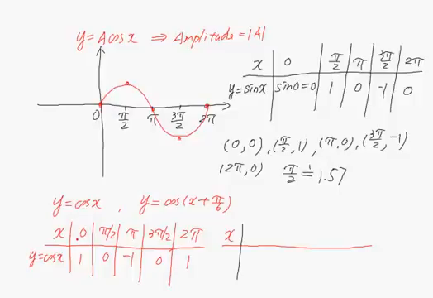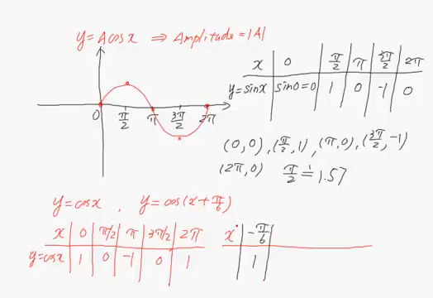So then you shift 0 to the left by pi over 6, then you get negative pi over 6. Actually, if you plug in this negative pi over 6 into here, you get the cosine of negative pi over 6 plus pi over 6. So that is cosine 0. Then cosine 0 is equal to 1, right?